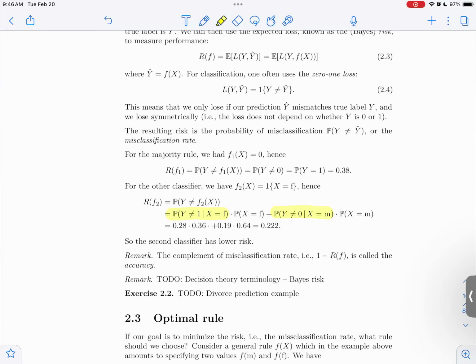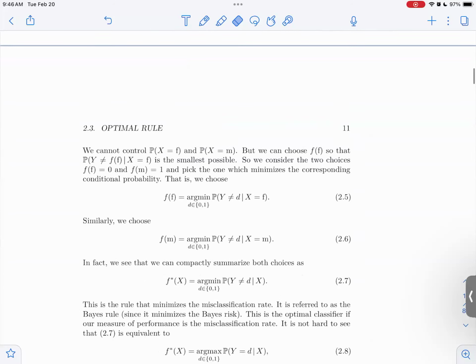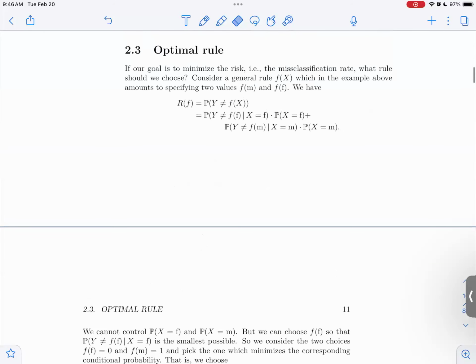So if x is, for example, female, I can try to control this. Sorry, we have to do it the other way. Let's go down. I'm going to write the risk like this.